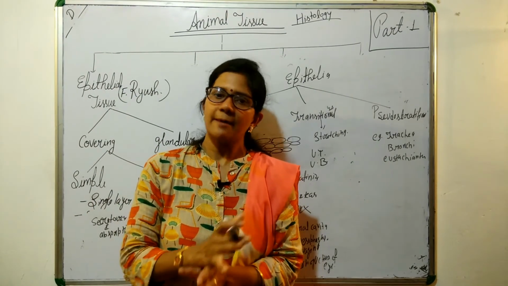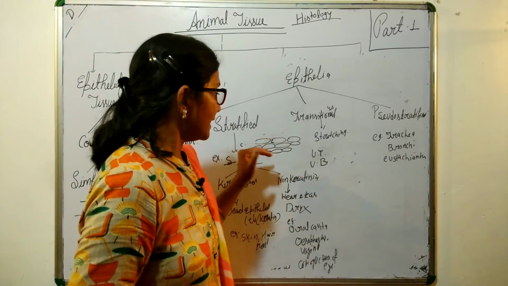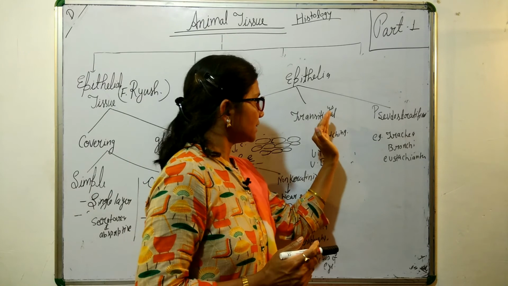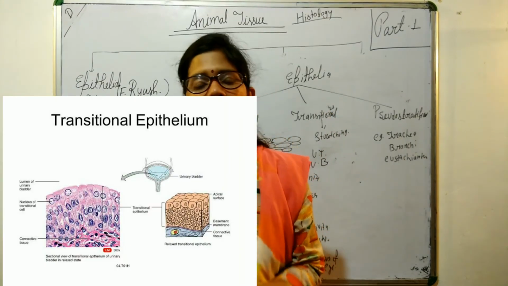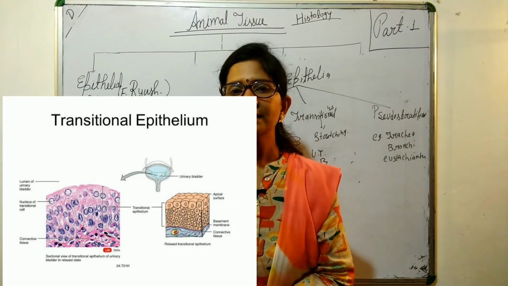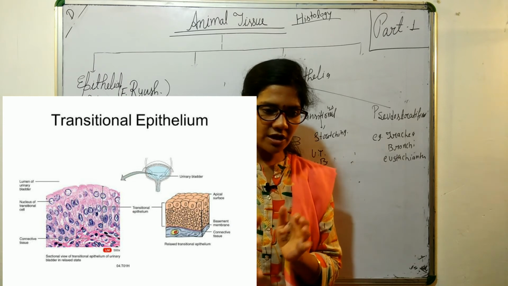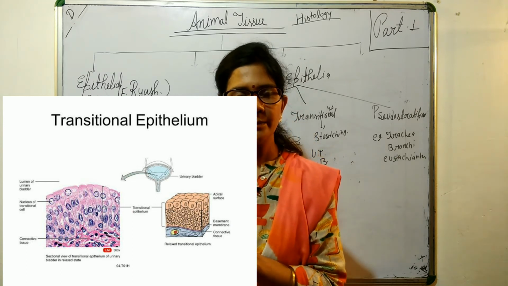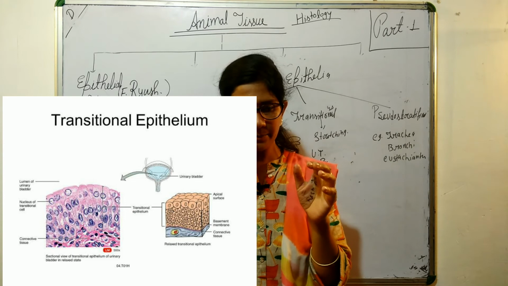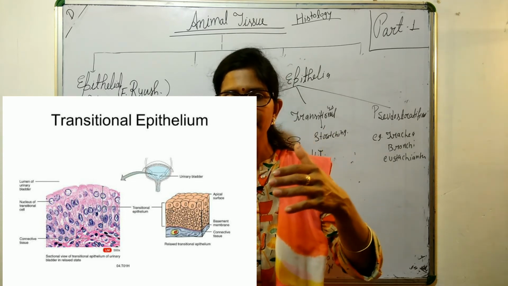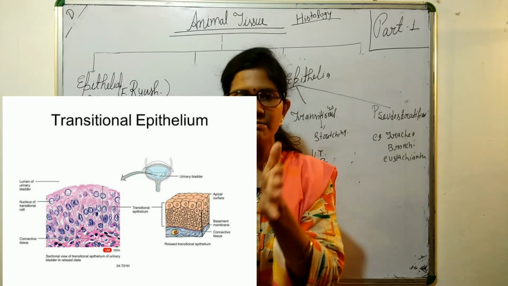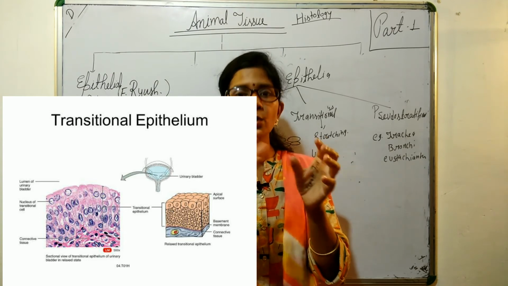stratified squamous epithelial tissue. Then come to the transitional epithelial tissue. It is situated between the simple cuboidal and the columnar. It is situated between these two, so we call it transition.